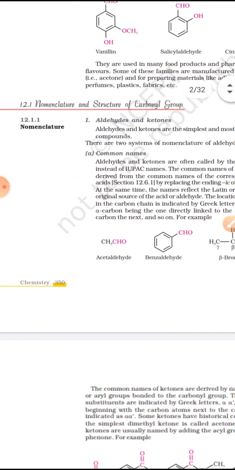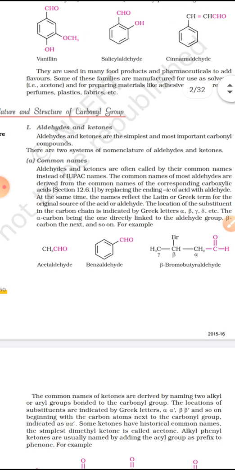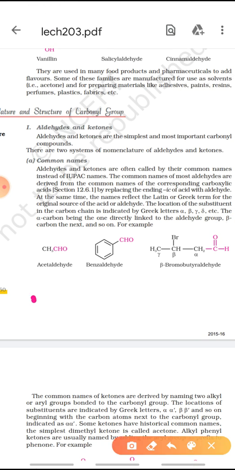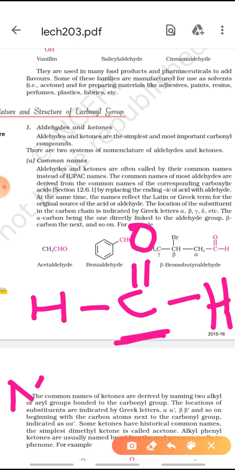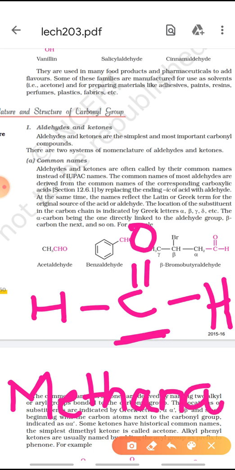Now, next I am starting with the nomenclature and the structure of the carbonyl group. Now, see children, the simplest aldehyde contains a hydrogen atom on both sides of the carbonyl group, and as it contains only one carbon atom, the name for the compound will be methane, and replacing E from methane we write al.